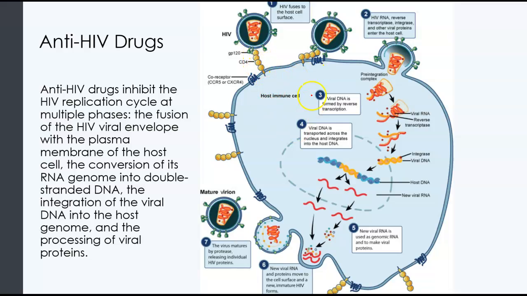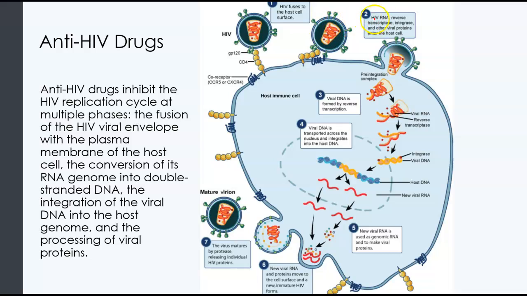This host cell is a T cell, an immune system cell, a helper T cell, which basically activates the other cells of the immune system. So if you can kill all the helper T cells, you can shut down a person's immune system. That's why HIV is such a bad virus to get.